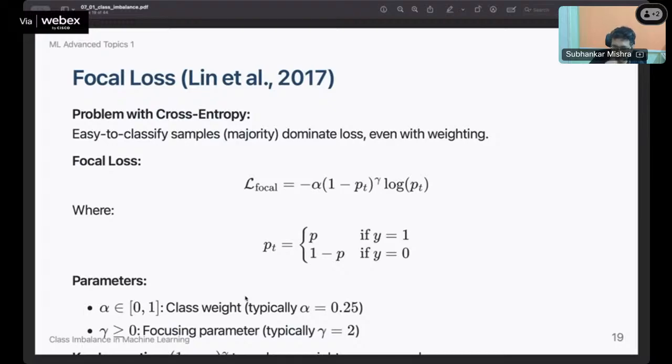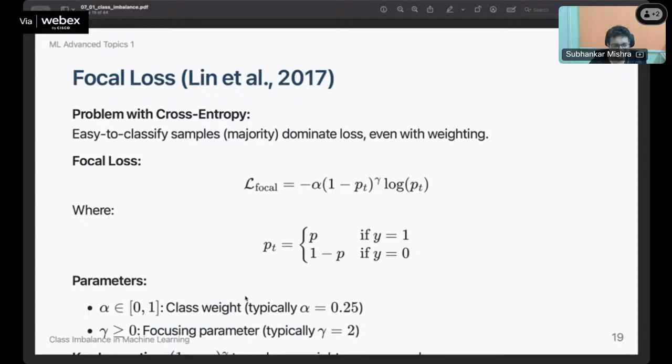Now focal loss looks like this: negative alpha times (1 minus pt) to the power gamma times log pt. If you look at this, the entire trick is (1 minus pt) to the power gamma. If pt is equal to 1, it is a confident and correct prediction, so 1 minus pt will be 0, and raised to the power again it is 0, so the loss itself is 0 because it's easy.